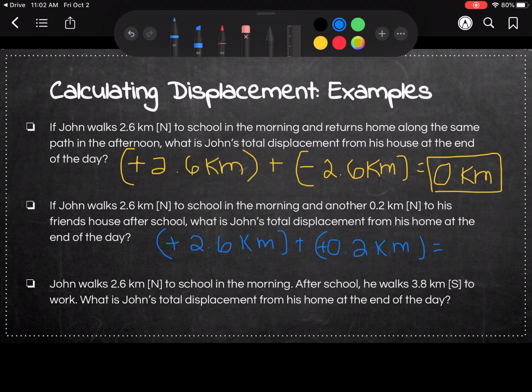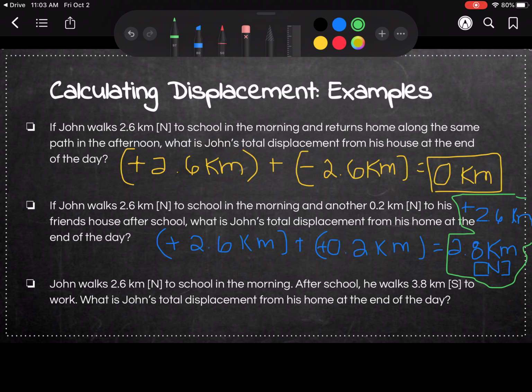So it never says that he goes back, so we're just going to add these two together. So 2.6 plus our positive 0.2 would give us 2.8 kilometers. You can write north if you'd like, or you would just write 2.6 positive. It's up to you. Okay? So this is our answer.